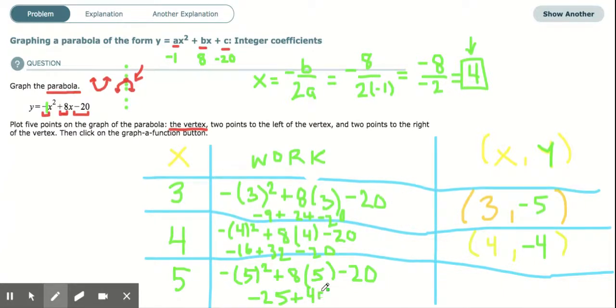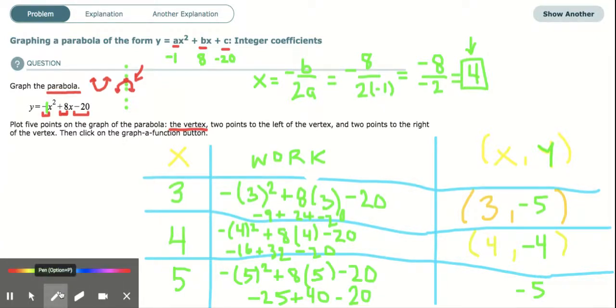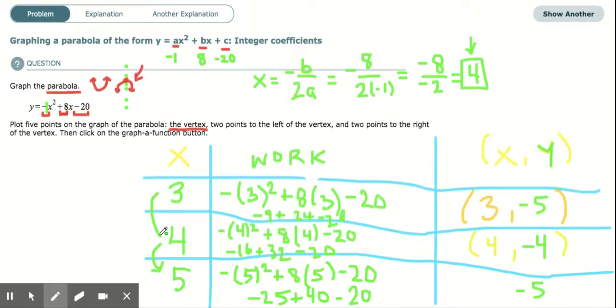Well, 40 minus 20 is 20, and 20 minus 25 would give me negative 5. And if you'll notice, it's the same thing that I got on the other side of the vertex. So if you're picking a number that's the same spaces away, like 5's 1 space away from 4, and 3's 1 space away from 4, then you should get the same value for both of your outputs.